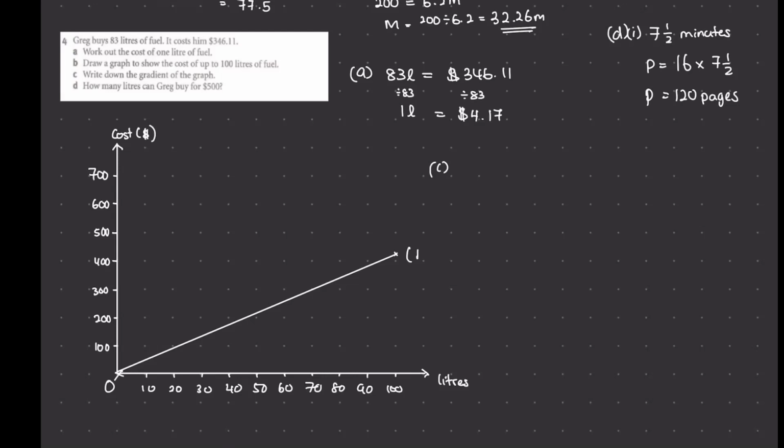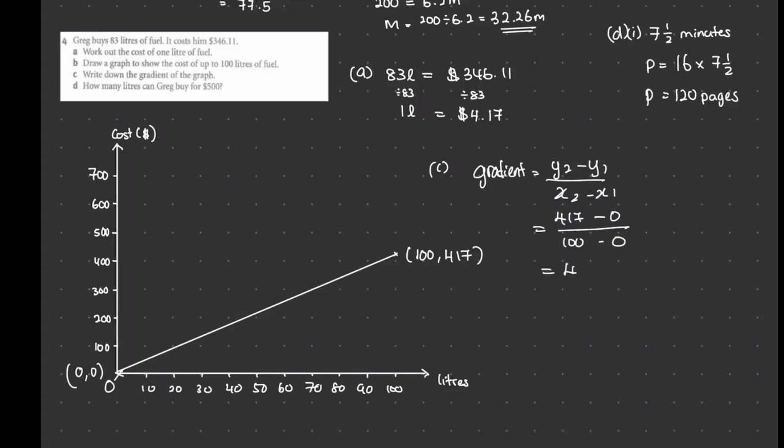So this is 100, 417. Here's 0, 0. So gradient is equal to y2 minus y1 over x2 minus x1. 417 minus 0 over 100 minus 0. 417 over 100, 4.17.